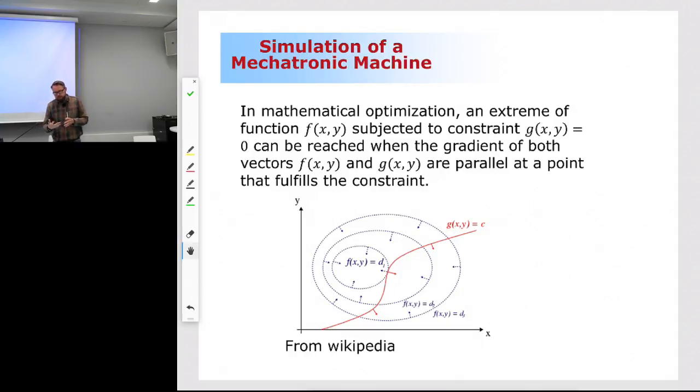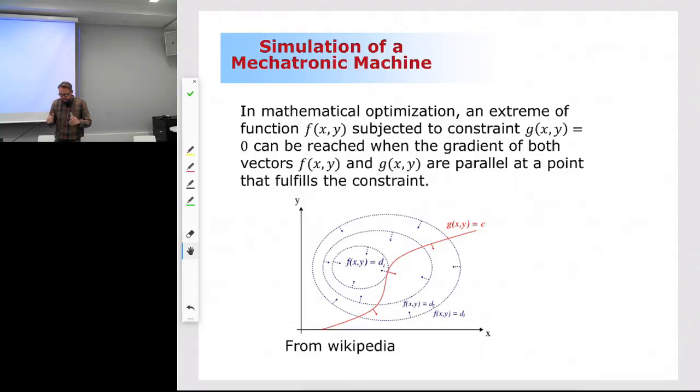And to make that happen, we need to leave the mechanical world and look at the mathematics, at the mathematical optimization called constrained optimization. So we want to optimize a function in a way that the constraint is fulfilled. There is a method that is based on Lagrange multipliers.